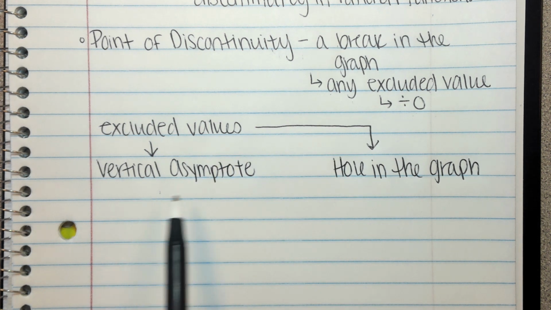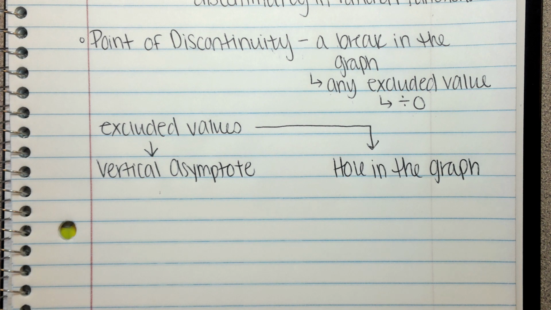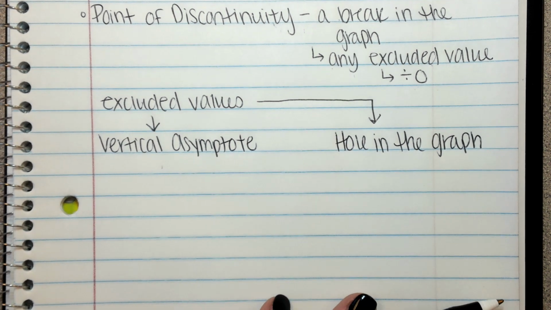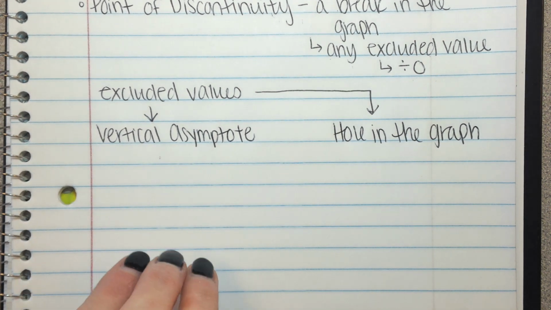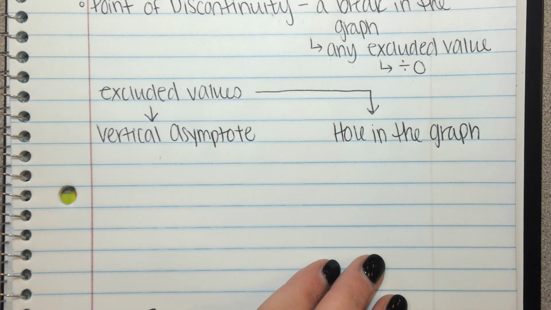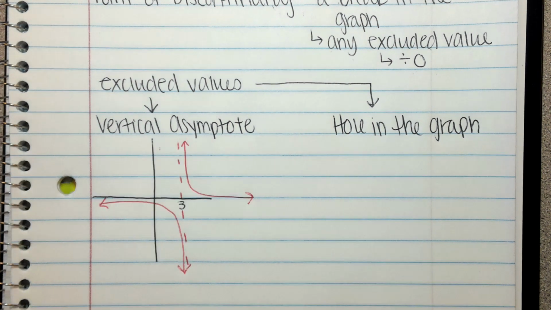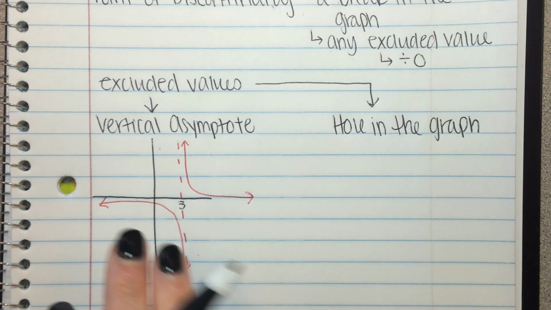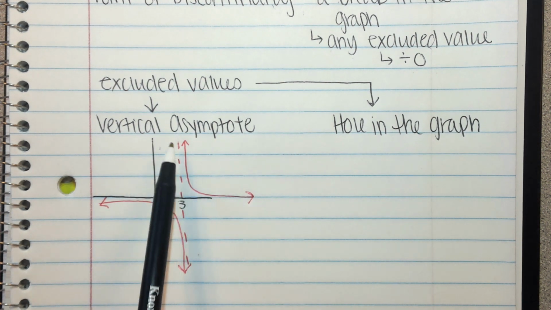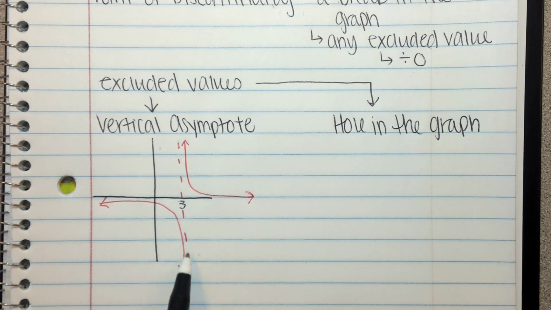Okay, so I'm going to show you what a vertical asymptote is and what that means, and then we'll look at how you figure out if your excluded value is a vertical asymptote or a hole in the graph. Okay, this is what a vertical asymptote looks like. We've got our coordinate plane, and we have this dotted line at x equals 3.